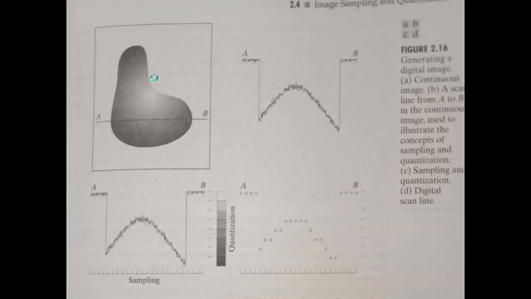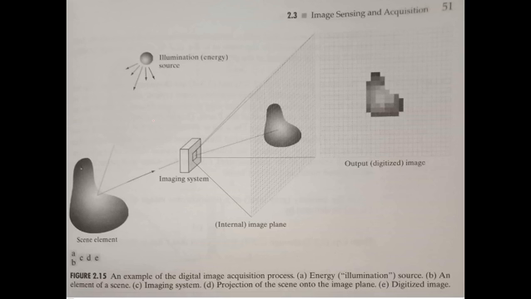Let us look at this by making use of the image. So this is the scene or the object which you have seen earlier. If you remember in the previous class, this was the scene which was to be captured by the imaging system.